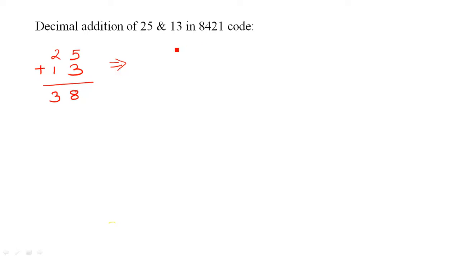So for 2 we write the BCD code 0010, and for 5, 0101. Next we write the BCD code for 1, 0001, and for 3, 0011.